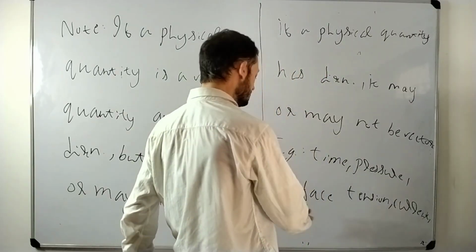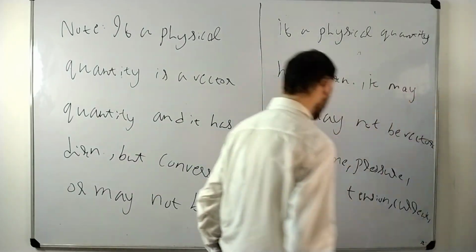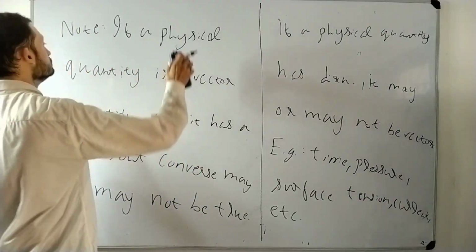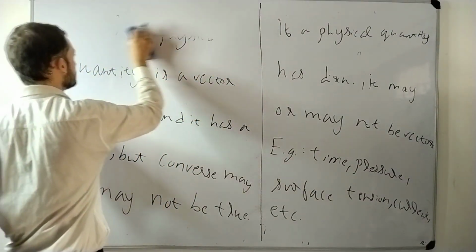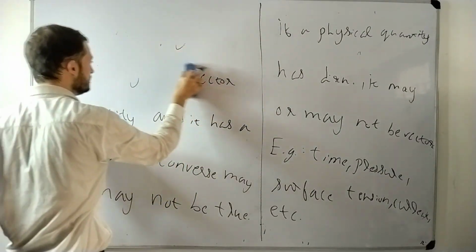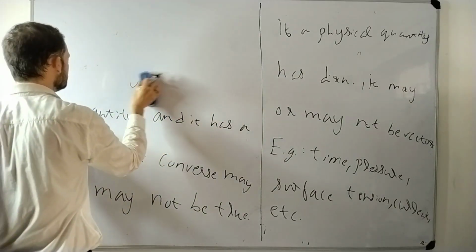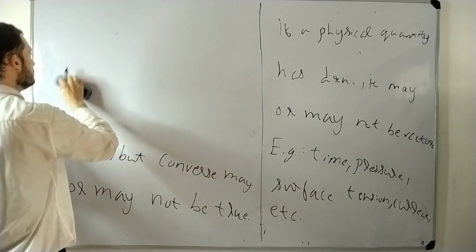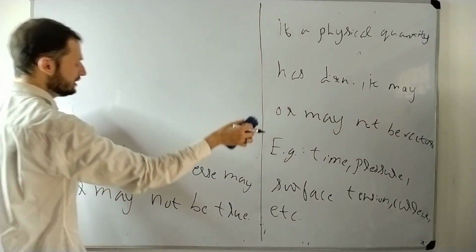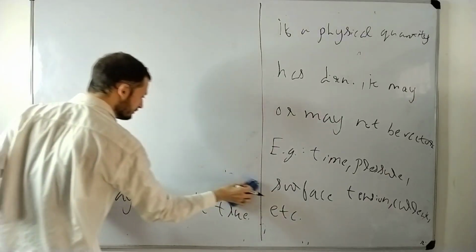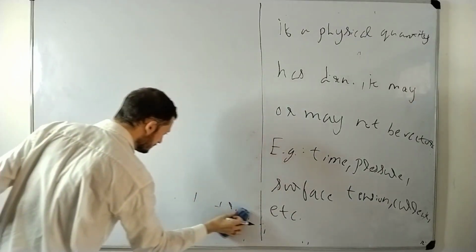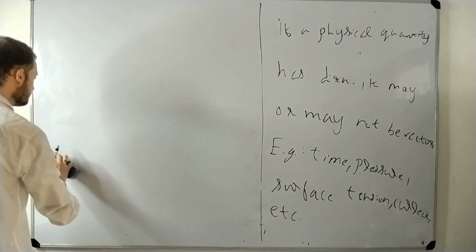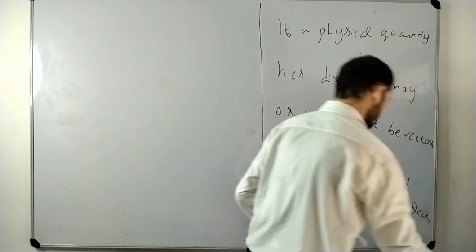And the reason I am giving is why they don't follow vector law. Time is a scalar quantity, students. But here I am writing that it has a direction. So let me show you how. It is not a vector.